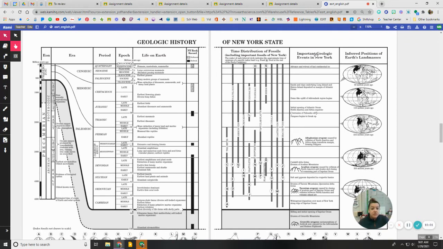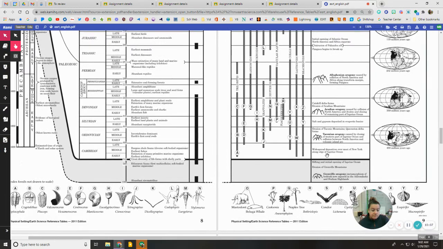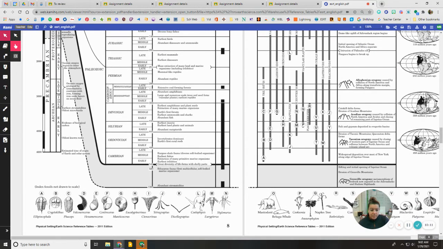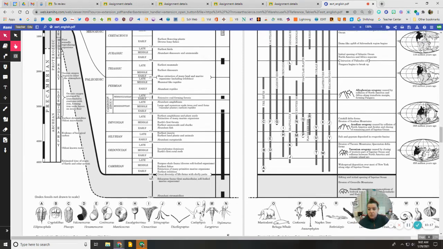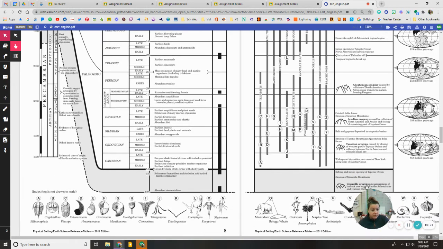Then we have the important geologic events in New York State. So if you look, starting down here at the bottom, you can see the Grenville orogeny. If we follow this across, oh wait, we ran into the line. We've got to follow it up. It happened towards the middle Proterozoic. Orogeny is a fancy word for mountain building.